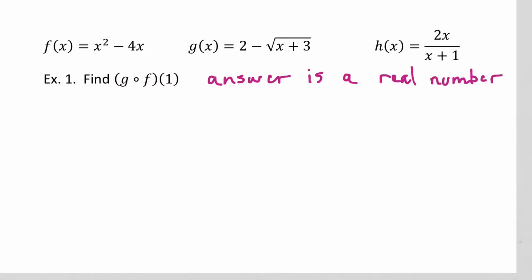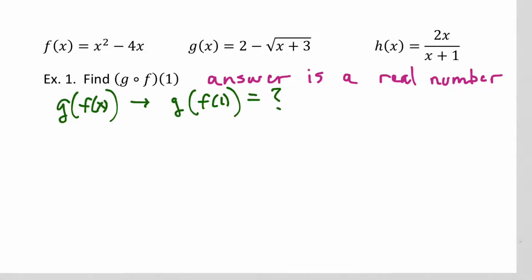All right, so what we're asking for here is, what is g of f of x, where x is 1, so we're trying to find g of f of 1. Okay, so we want to know what that is. So that means first we have to find f of 1, and once we find f of 1, we plug that into the g function, and then that should give us a numerical answer.